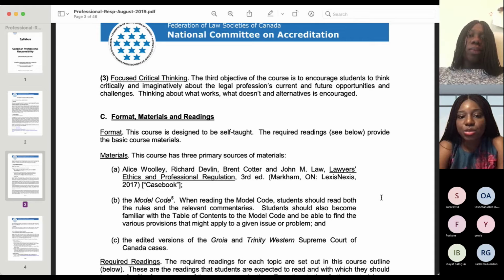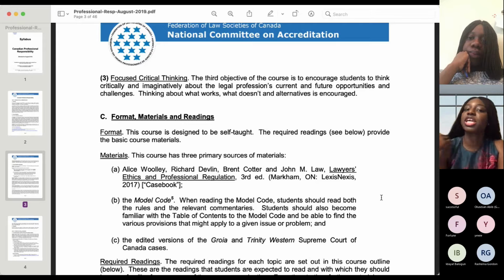When you read Goya or Trinity Western, it applies to different parts of Canadian law, so you can use them for different courses. So they've edited the versions attached to your syllabus with the information required for this particular course. Not all the ratios, not all the decisions are applicable to PR, but they've given you the information that you need specifically.